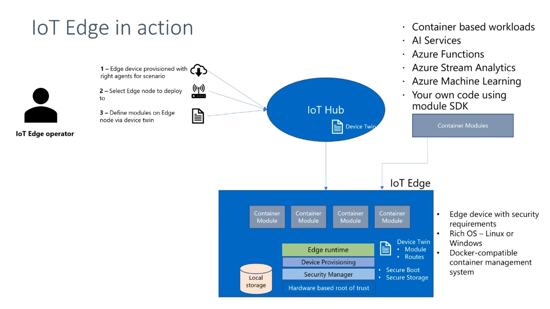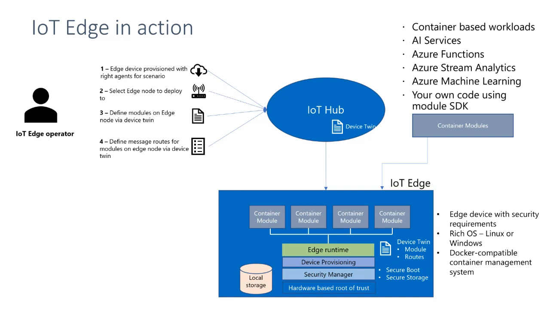So the benefit of this entire platform is that it allows you to easily and quickly deploy functionality down to the Edge and manage it from the cloud, and not need to worry about deploying heavyweight virtual machines to deploy all of these bits of capability, because the container modules are lightweight Docker images.